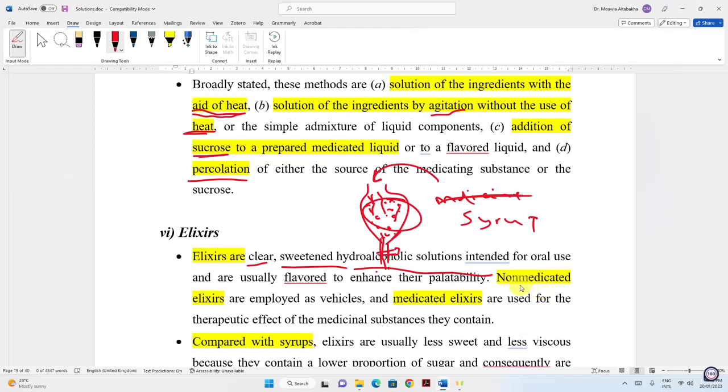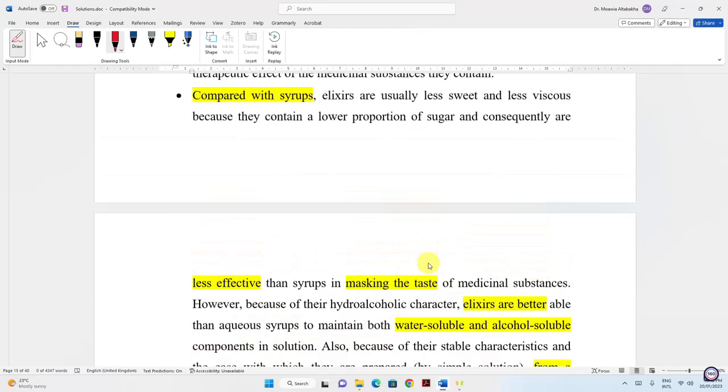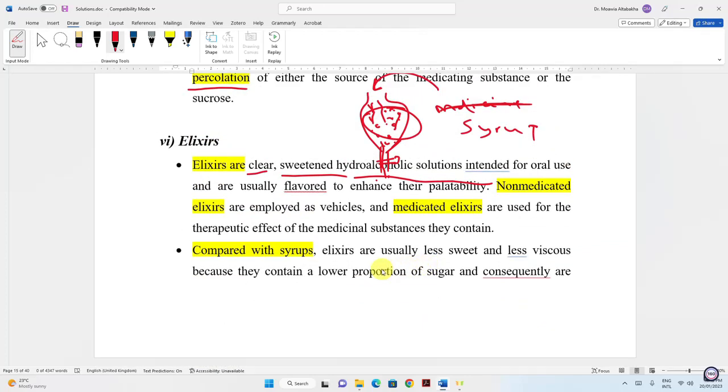Again, similar to syrups, an elixir can be non-medicated when you don't have a drug in the vehicle, or it can be medicated when there is a drug. For the taste, syrups are better, of course.